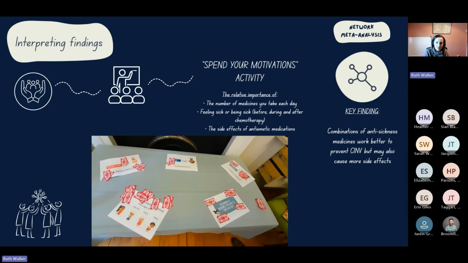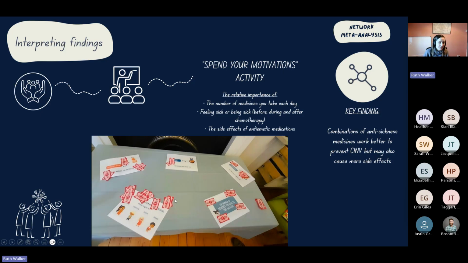Children and families were given monopoly money, and they had to put the notes next to things that they felt were most important. You can't see this too well, but this here, where we have most notes, is actually the side effects of the antiemetics themselves.